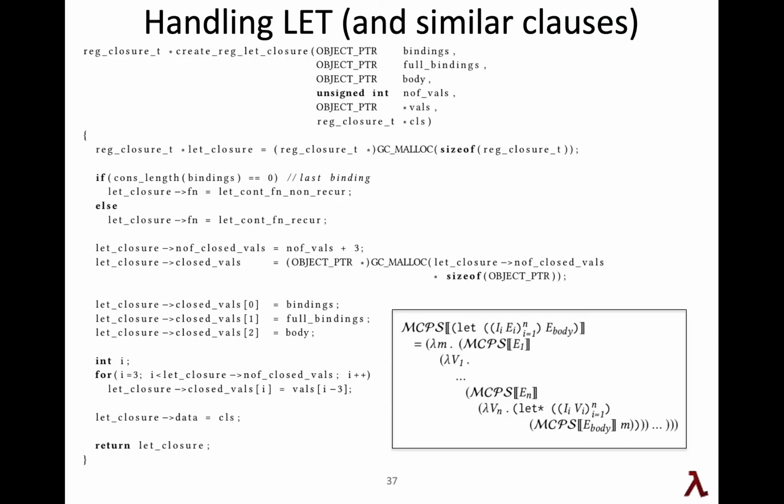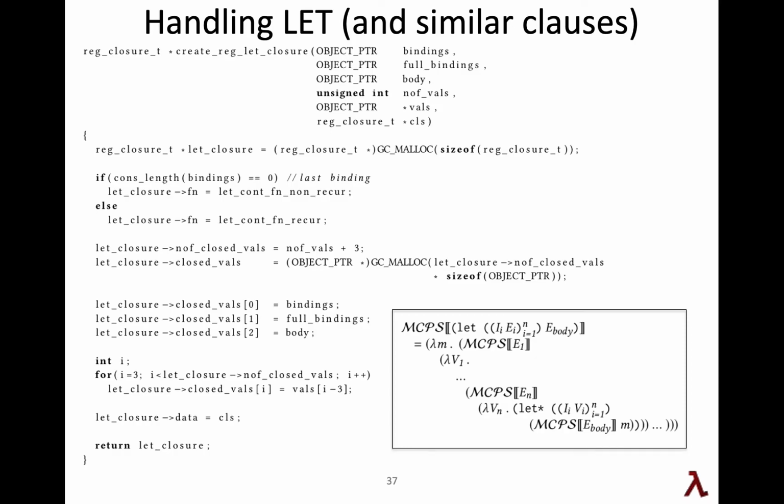Before closing, I would like to show a last example of how we handle let and clauses similar to let, like function applications and primitive operations, where you have a variable number of sub-expressions.